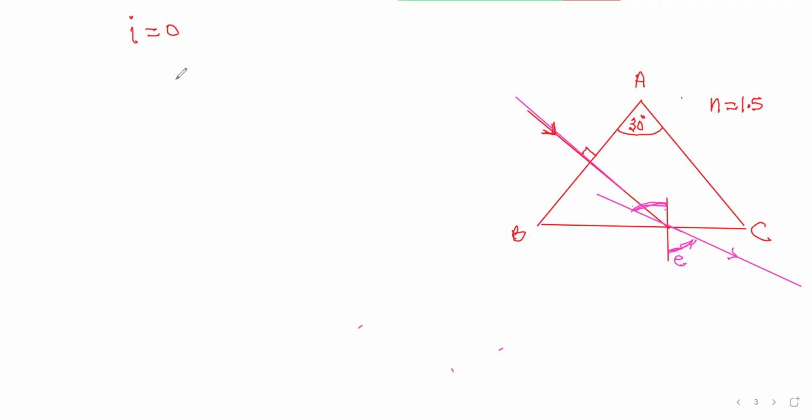All right, because I is 0, R1 is also 0, because the ray is not bending at the side AB.